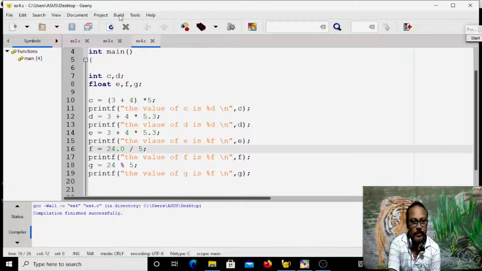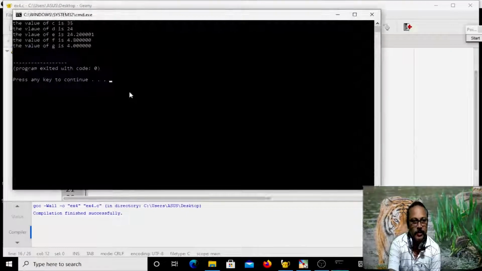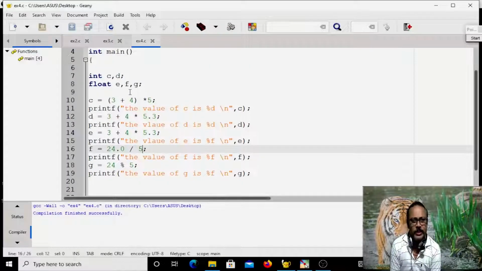Generally it is the case. If one of them is floating point, automatically the other will also be converted into floating point. That we studied as part of type conversions, the widening rule. So one is integer, the other is floating point, and the integer is also converted to floating point.